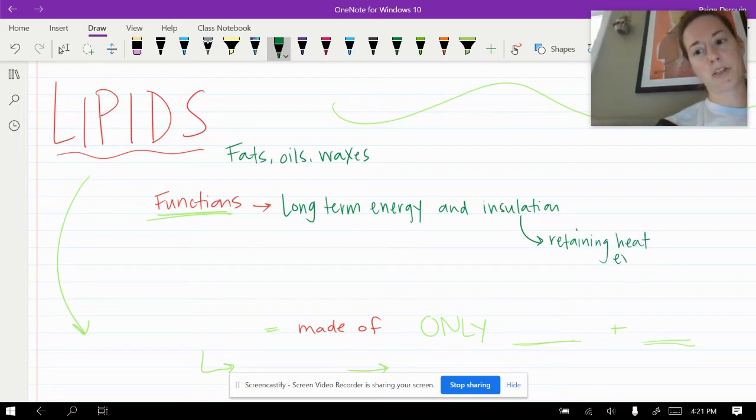So a good example of a lipid doing this is whale blubber, which is fat.